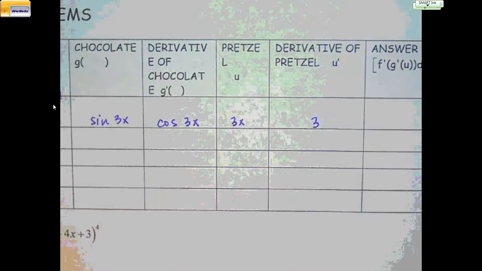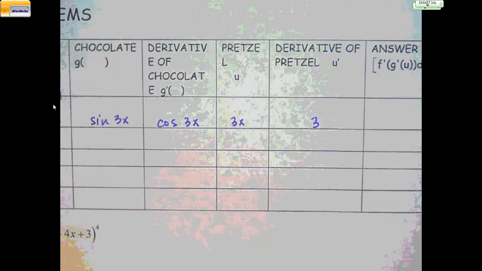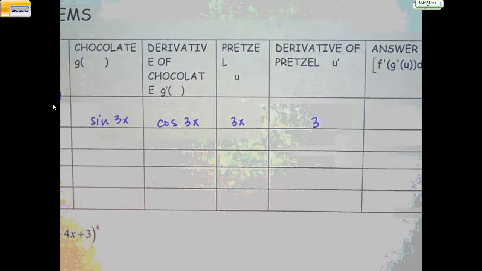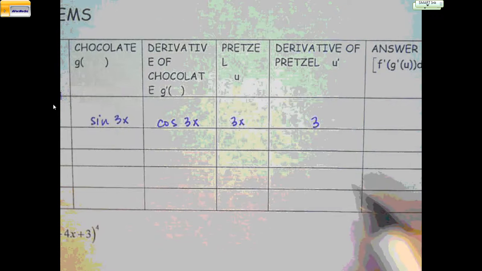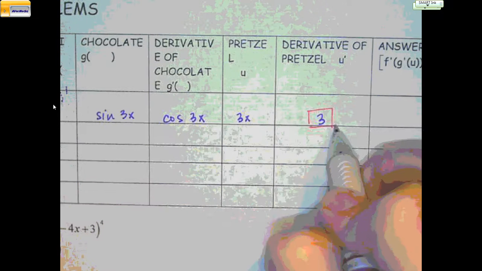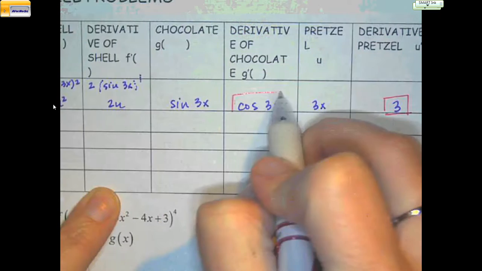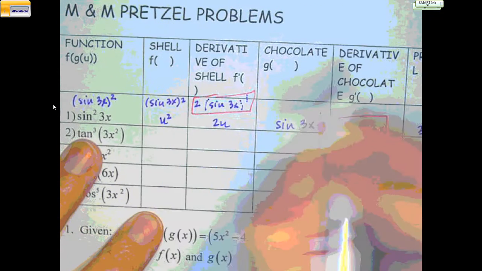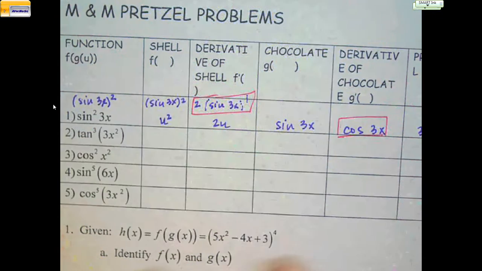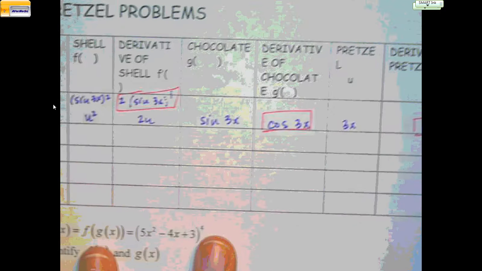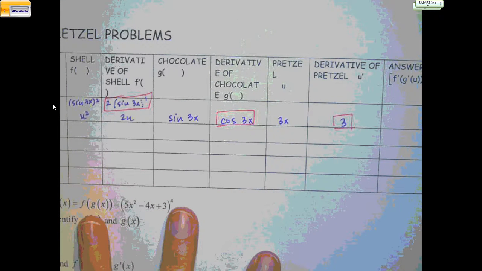So just like yesterday, we multiplied the derivative of f times the derivative of g of x, like the functions. We're going to multiply this time the derivative of the pretzel times the derivative of the chocolate times the derivative of the shell. So the 3 derivatives get multiplied together. Now, I'm kind of going to simplify as I go. I've got a 3 times a 2 here.